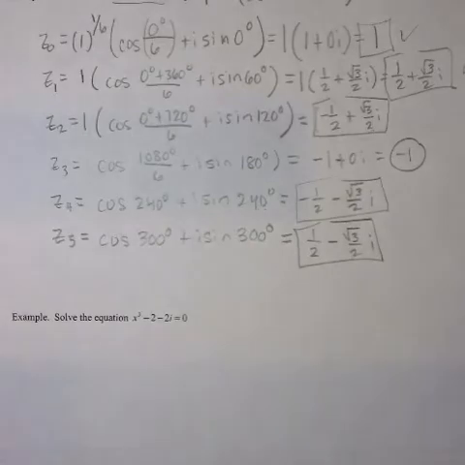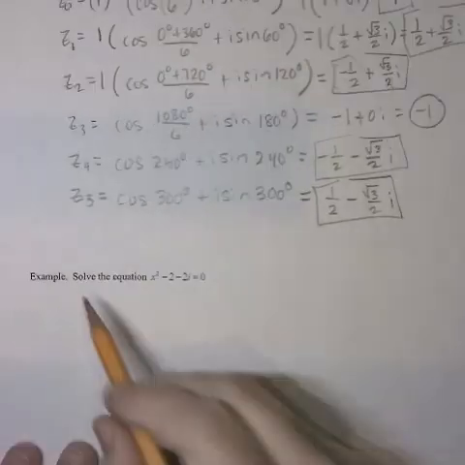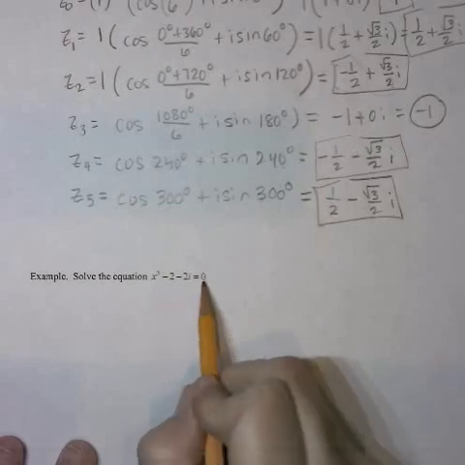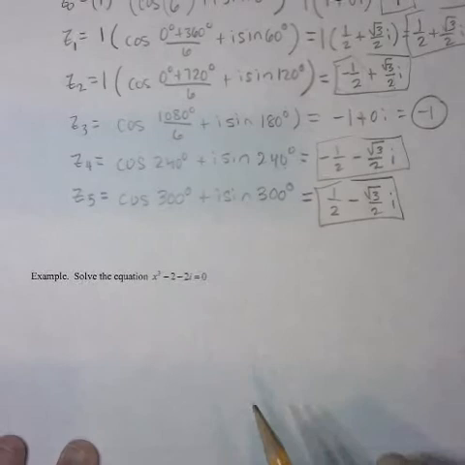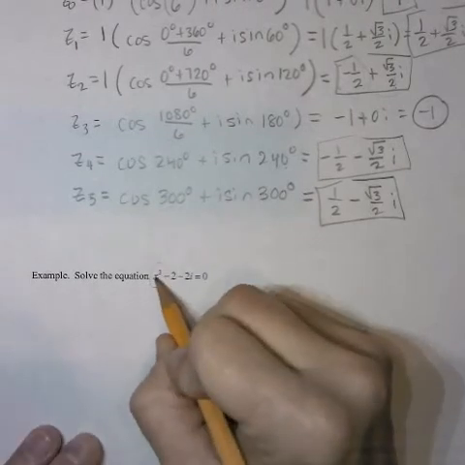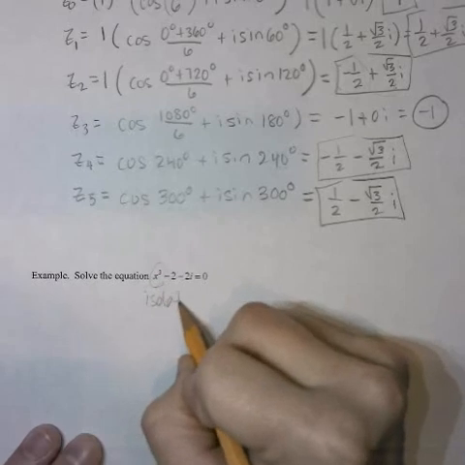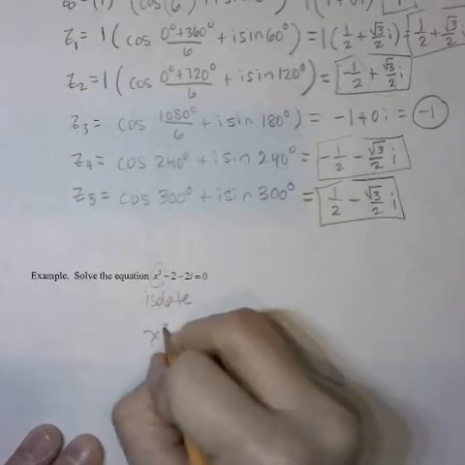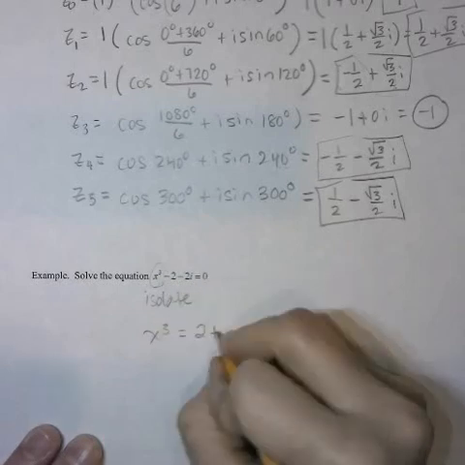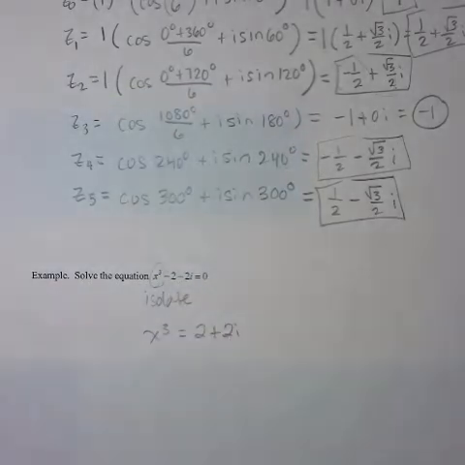It says solve the equation x cubed minus 2 minus 2i equals 0. So x cubed is our variable, of course. We're going to isolate that first. So we get x cubed equals 2 plus 2i, adding 2 and 2i to both sides.